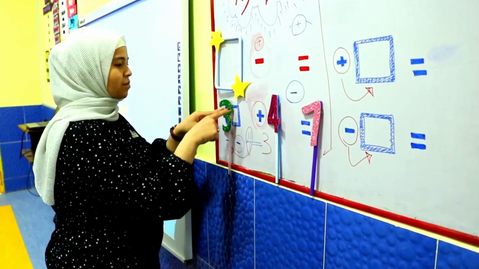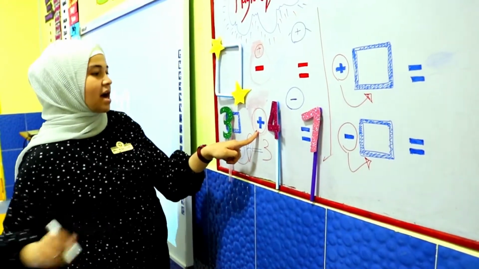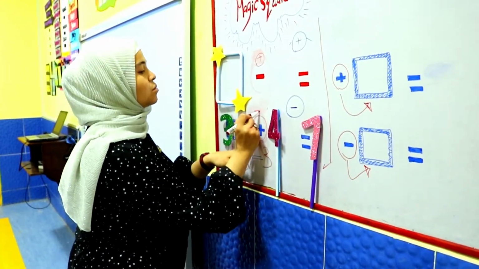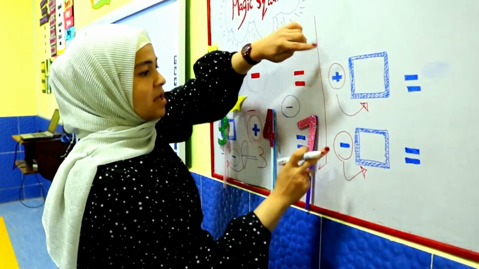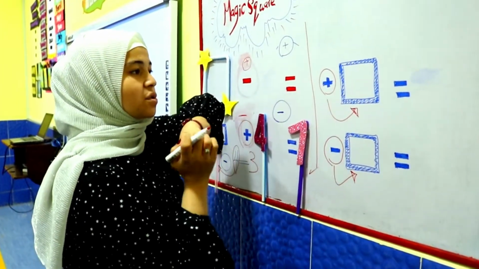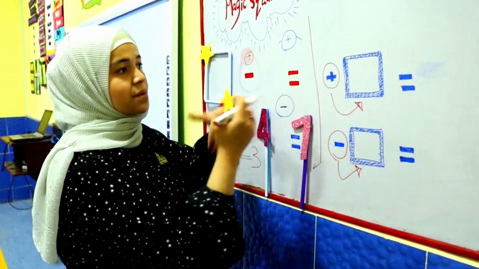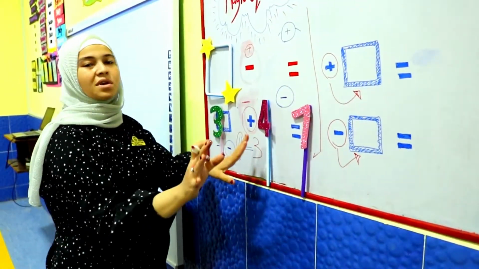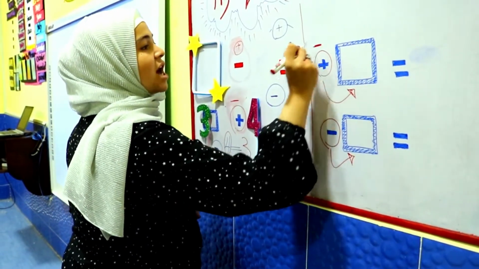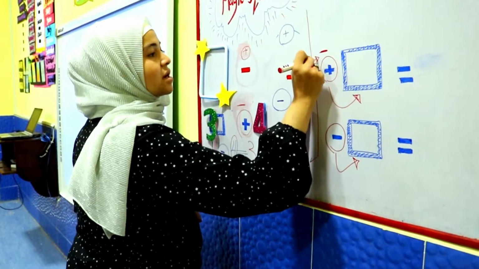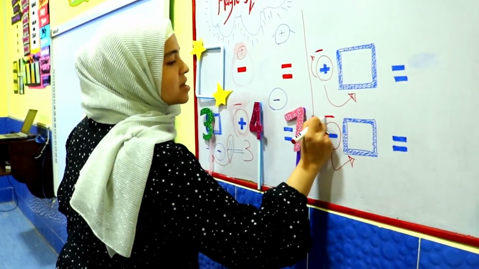So when I find magic square, then I find plus, directly I'll return it into minus. When I find the sign first like this, and then I find the magic square at the second position of the equation, it's okay, it's the same. I return this sign into minus, and this is minus, I solve as minus.